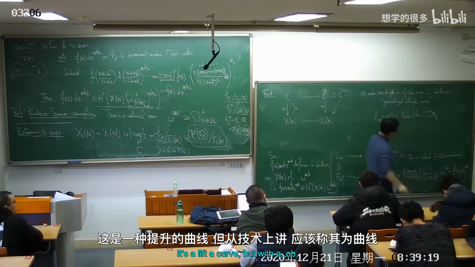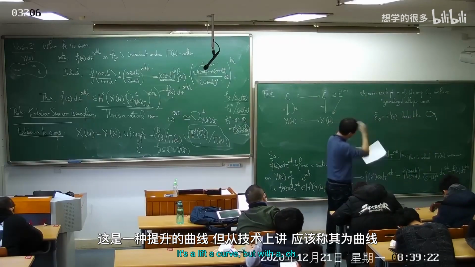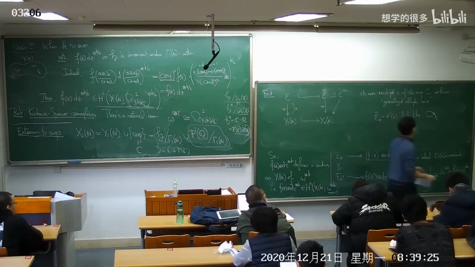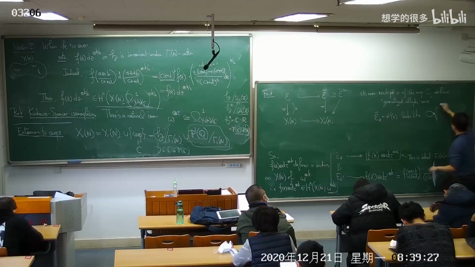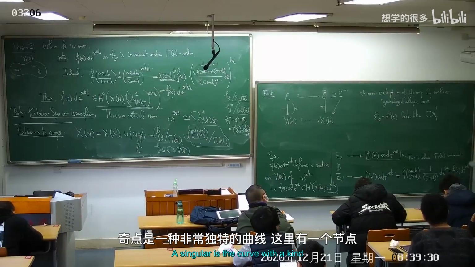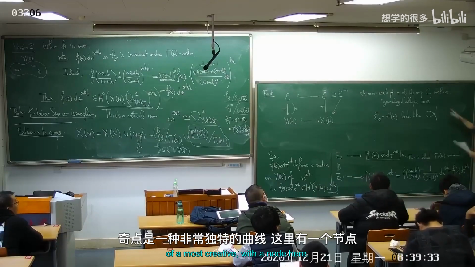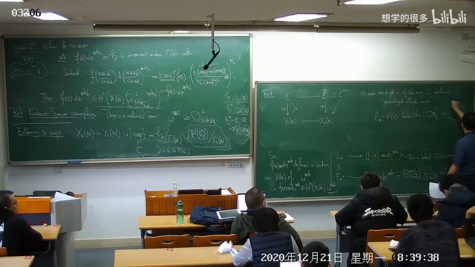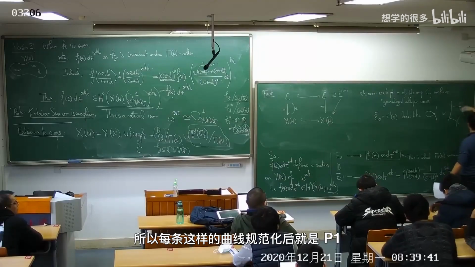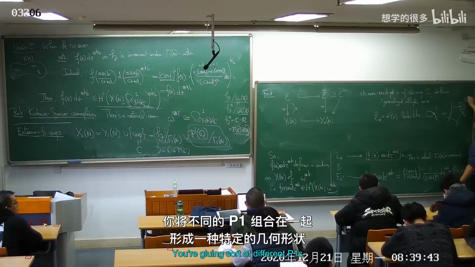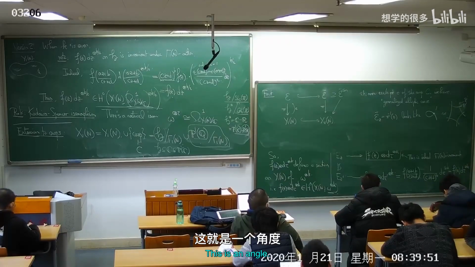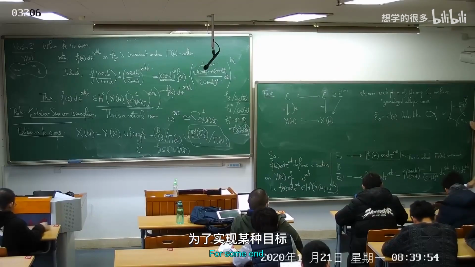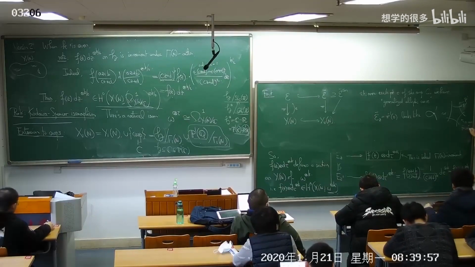It's an elliptic curve, but technically I shouldn't call it a curve; you can think of it as a singular elliptic curve with a multiplicative node here, or sometimes more nodes. Each of these components you normalize as a P1. You're gluing different P1s together in an n-gon shape. This is the n-gon for some n.